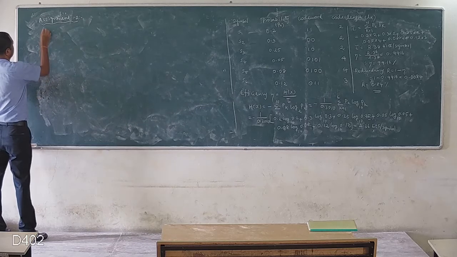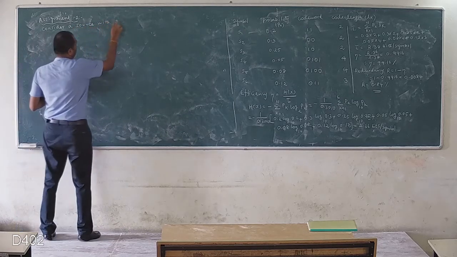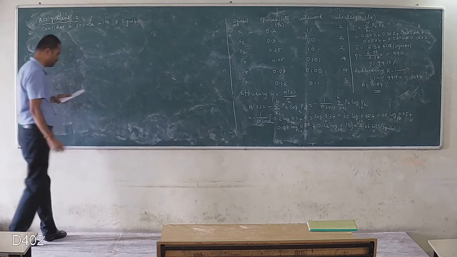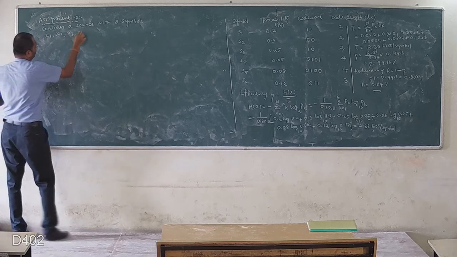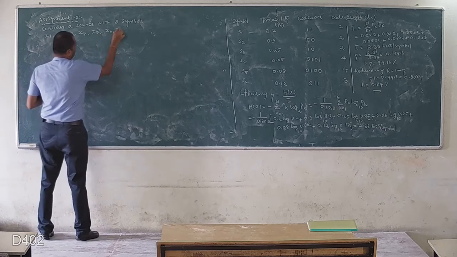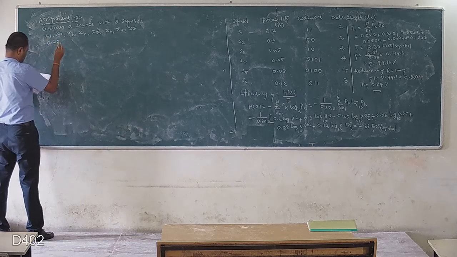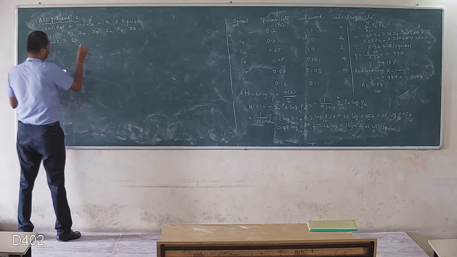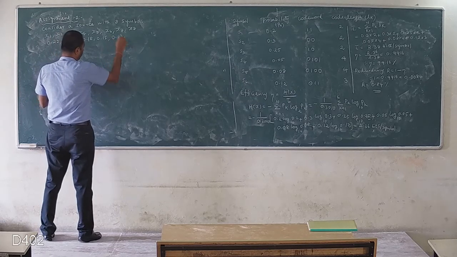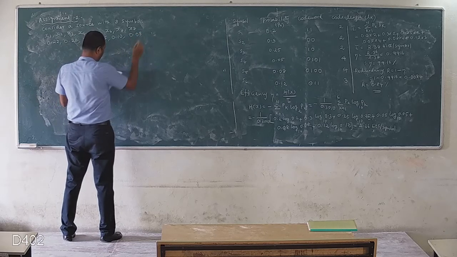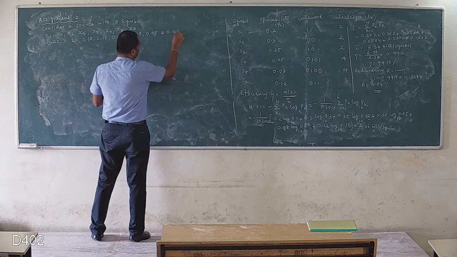Consider a source with 8 symbols: x1, x2, x3, x4, x5, x6, x7, x8, with the probabilities 0.22, 0.20, 0.18, 0.15, 0.10, 0.08, 0.05, and 0.02 respectively.